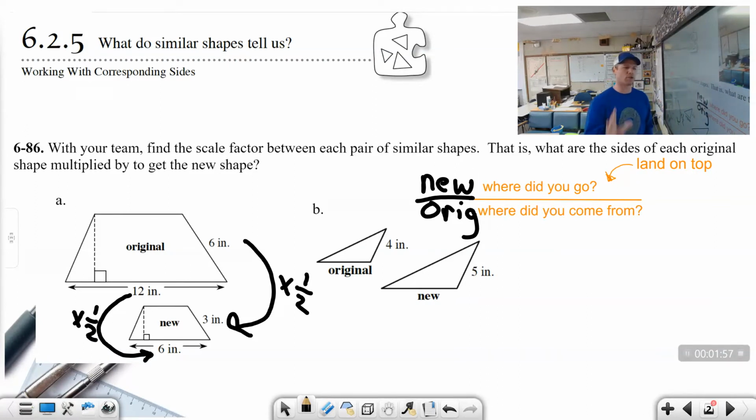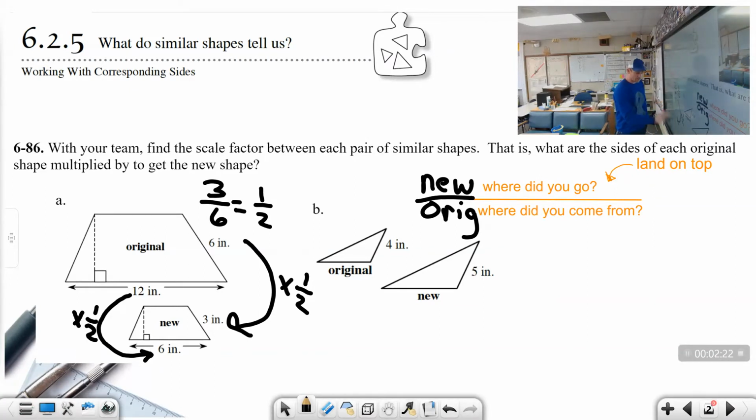Now notice, because we are starting with the new shape, 3, over the original shape, 6, that gives me the fraction 1/2. I want you to notice you can always find the scale factor by comparing two of the corresponding sides.